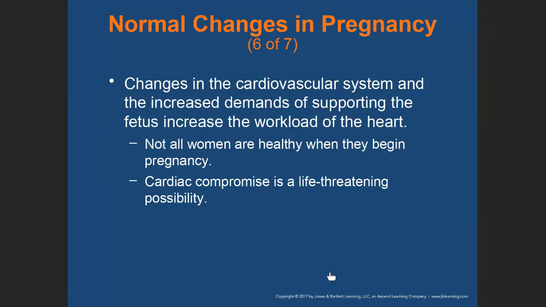Changes in the cardiovascular system and the increased demands of supporting the fetus increase the workload of the heart. Not all women are healthy when they begin pregnancy. Cardiac compromise is a life-threatening possibility.